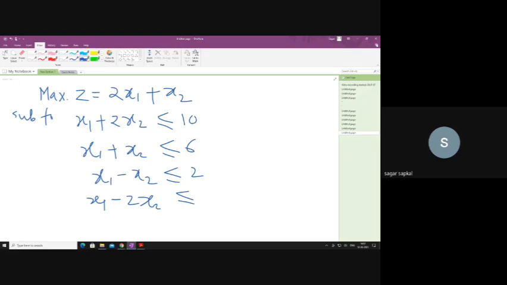So x1 minus x2 less than or equal to 2, x1 minus 2x2 less than or equal to 1, and now x1, x2 greater than or equal to 0. Solve this problem. You will have to erase the line x1 minus x2 less than or equal to 1 and draw again. Do it now.